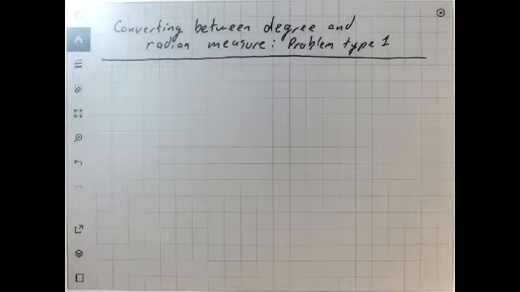In mathematics, radian measure is an incredibly powerful tool for discussing angles, but it really only becomes important in calculus level math, so it is a new way of thinking about things.